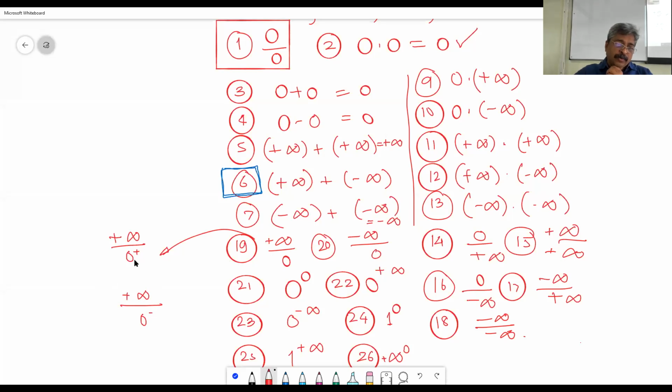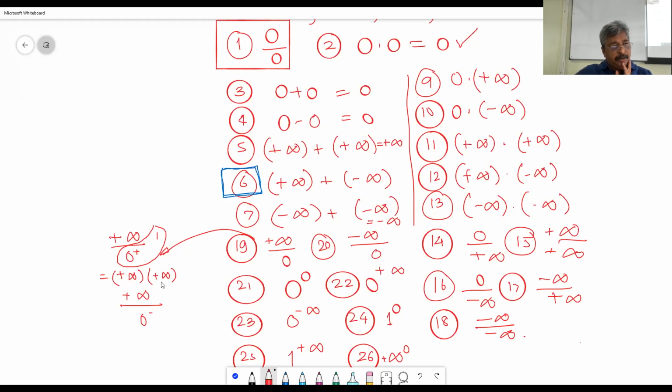So for all practical purposes, maybe technically what I am saying is not correct, but plus infinity, I can take reciprocal. Denominator is tending to 0 plus, that means it is also plus like this. Instead of 1 upon 0 plus, I can write it as plus infinity. बघा समजतंय का? 1 upon 0 plus. What will happen? 1 upon 0 plus will be plus infinity.